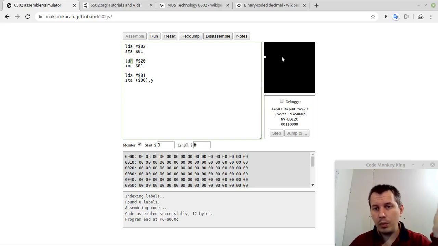So the problem is, we can move left and right in an easy way, because we don't exhaust the register value, so it doesn't go above the FF, which is 255 in decimal.